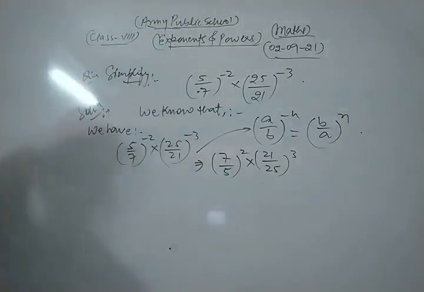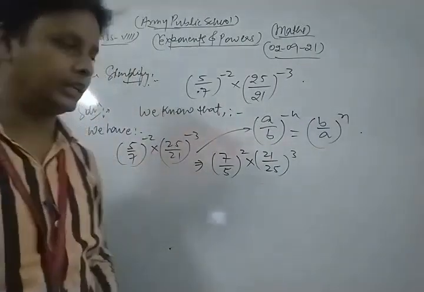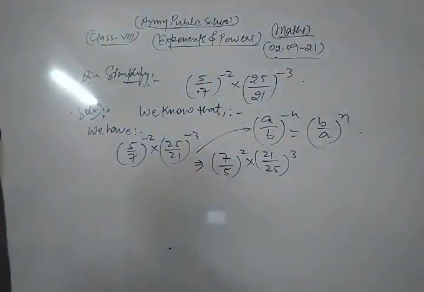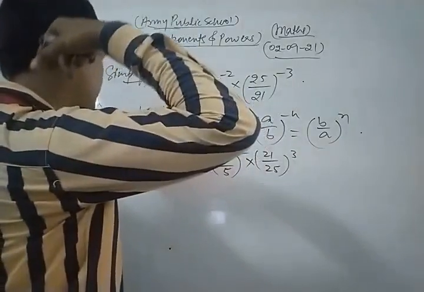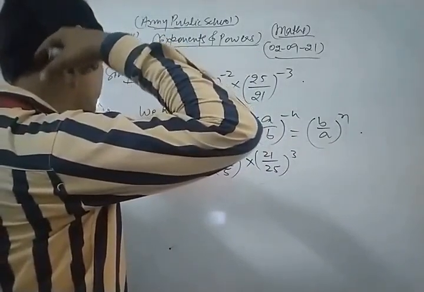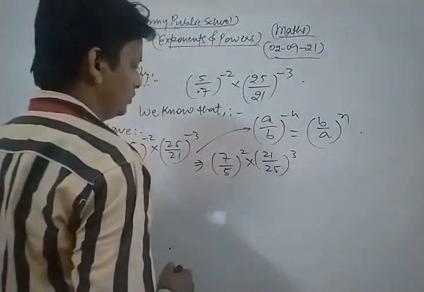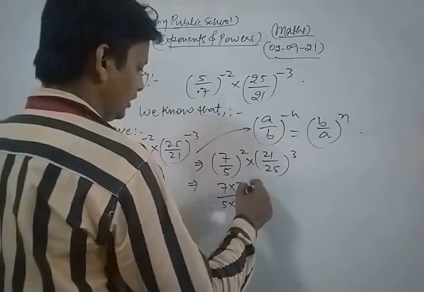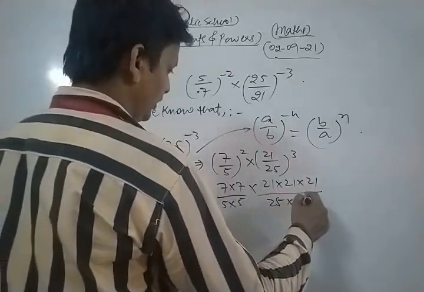Now look, we simplify them. We can write 7 into 7 upon 5 into 5, into 21 into 21 into 21 upon 25 into 25 into 25.